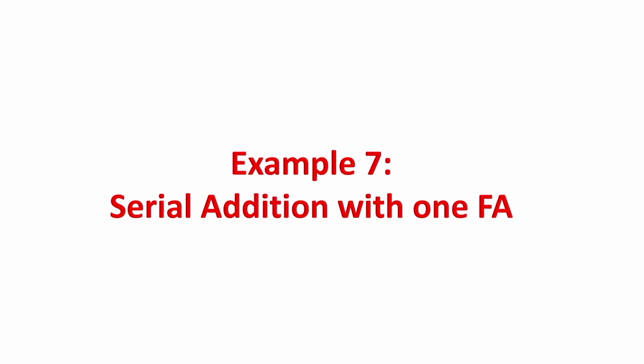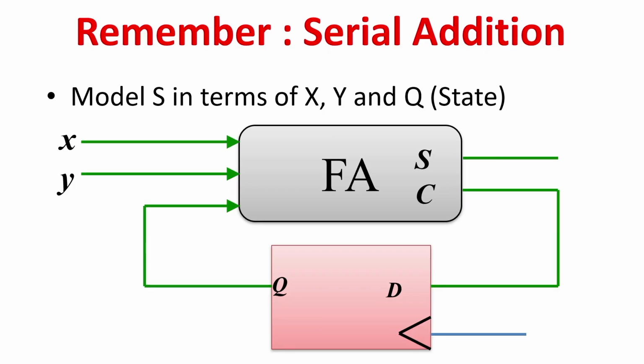So, let us look at concrete digital design examples with ASM. An example is serial addition with only one full adder. In the earlier classes we have already studied serial addition. In serial addition there are two inputs x and y, and this is the full adder.